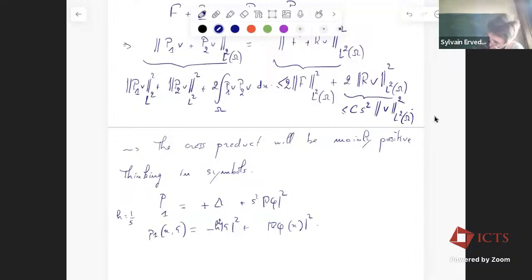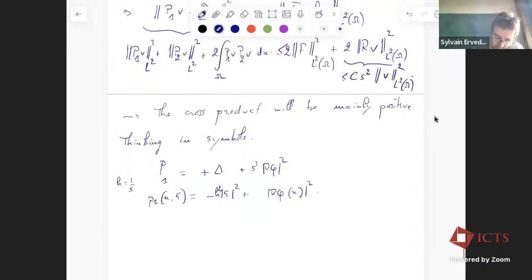So this is what you have for P1, and for P2 you have minus 2S gradient of phi gradient, minus S Laplacian phi V, I think with a 2. So the symbol would be 2S gradient of phi minus I psi, right?